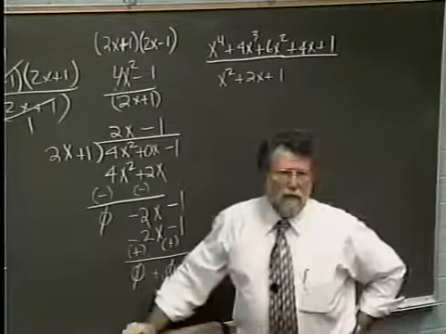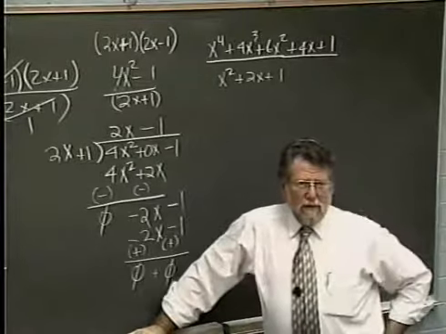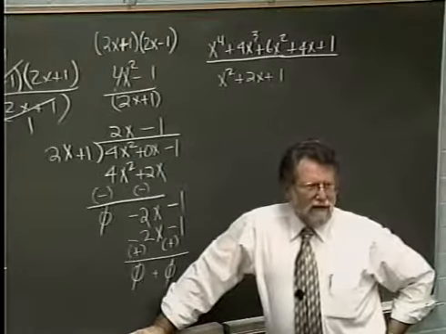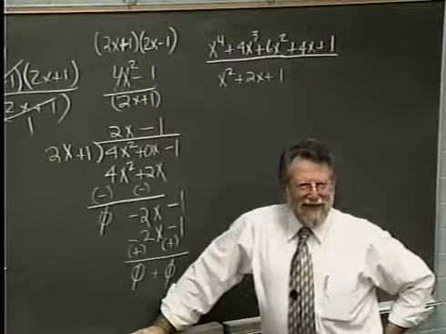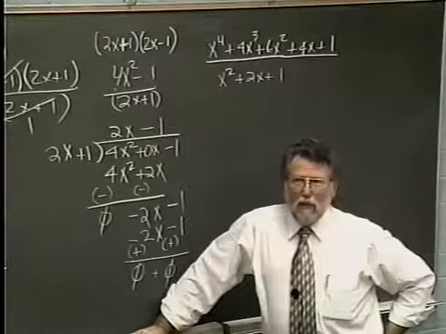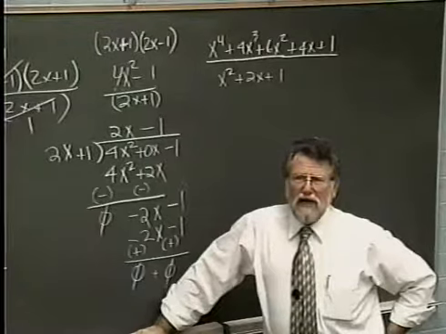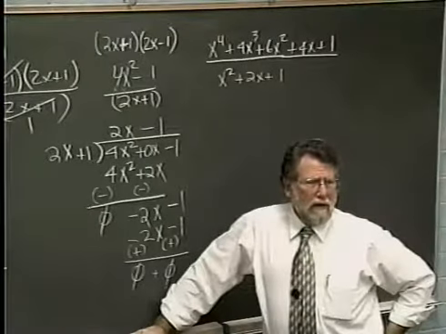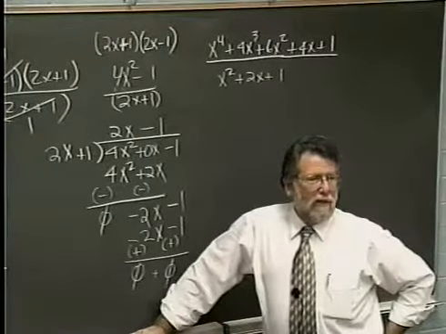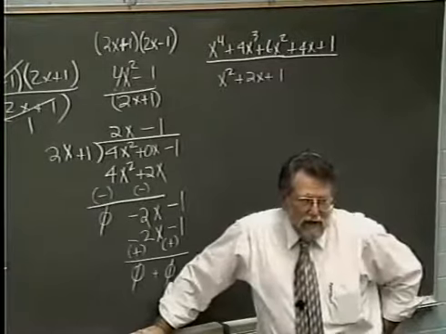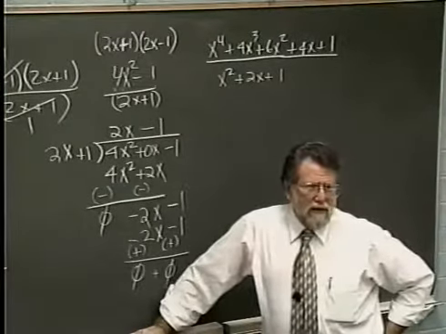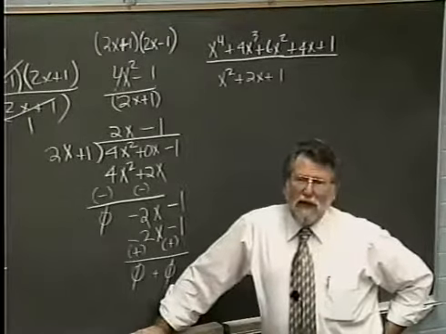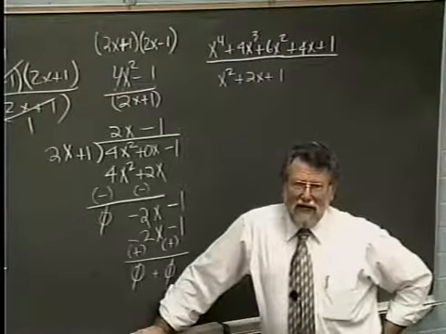Tell me what I just did to create that problem. I did not just make a mess. Pascal's triangle. I took what is the numerator? It's x plus 1 to what power? The 4th, because you have an x to the 4th, right? So that's x plus 1 to the 4th. What is the denominator? X plus 1 to the 2nd.